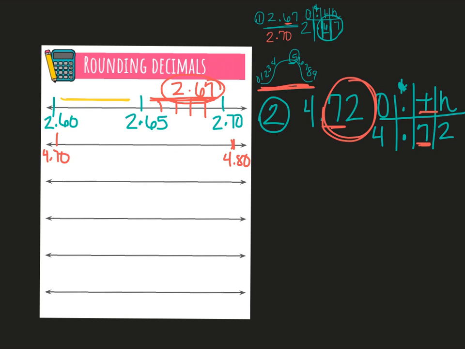So between 4 and 70 and 4 and 80, I have 4 and 75. So now my job is to look at this and to figure out, okay, does 4 and 72 land between 4 and 70 and 4 and 75? Or does 4 and 72 land between 4 and 75 and 4 and 80 hundredths?